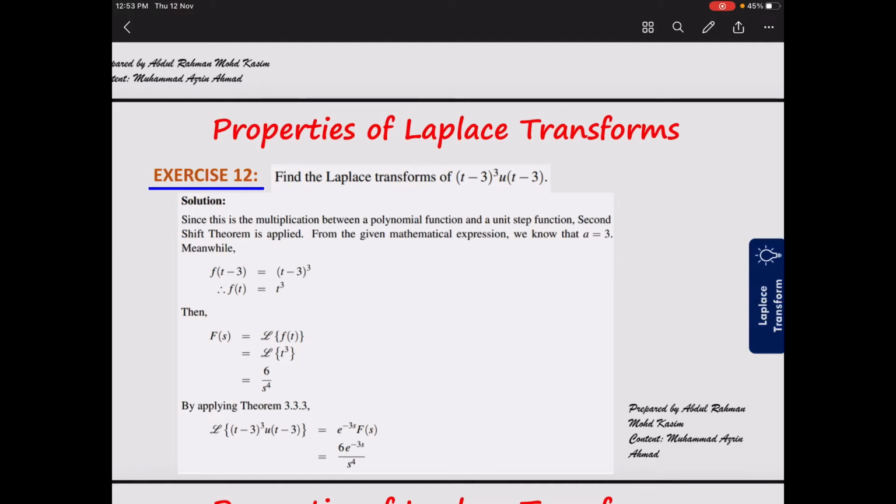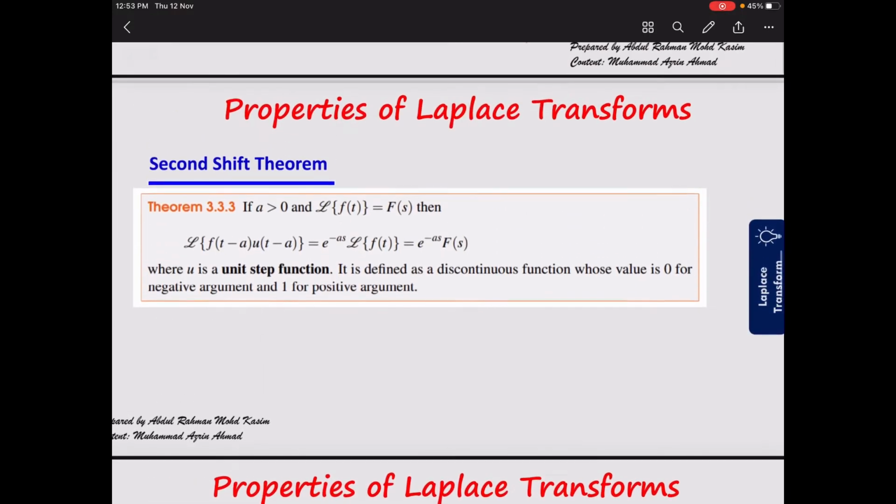Now we go for another property of the Laplace transform, but now we would like to use the second shift theorem. Theorem 3.3.3 states that if you have one function f(t) and you Laplace it, you will get the function in terms of s.